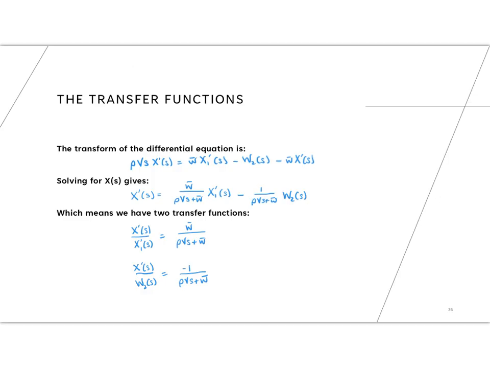And when we look at the effect of one input function at a time, we get these transfer functions. X of s over x1 is w bar over rho vs plus w bar, and x of s over w2 of s is minus 1 over rho vs plus w.